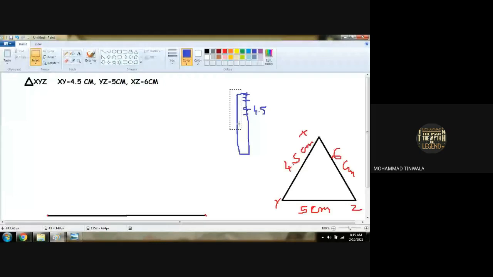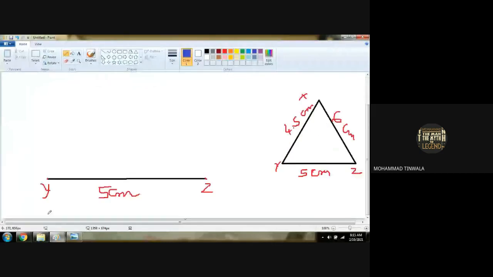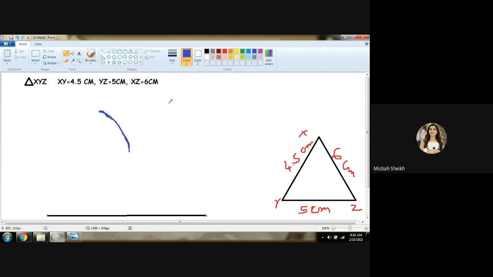With the same measurement, take center point Y here and draw an arc on the top. Whatever measurement you got for 4.5, draw a big arc, because the other arc should intersect this arc. So always make this arc big. Is that clear? Yes, sir.